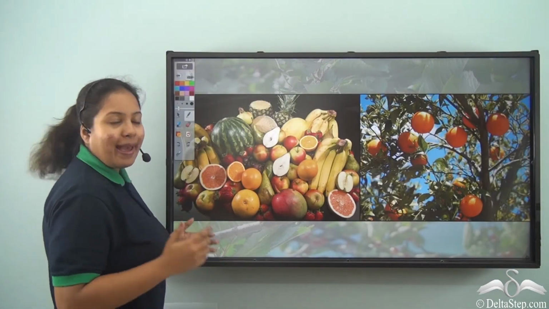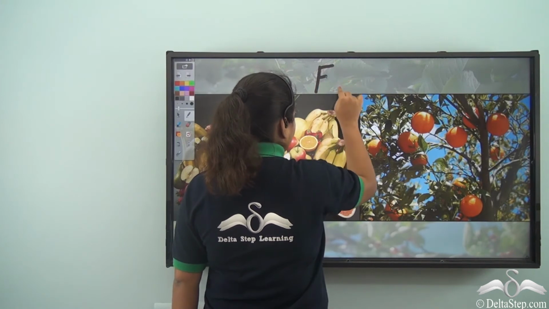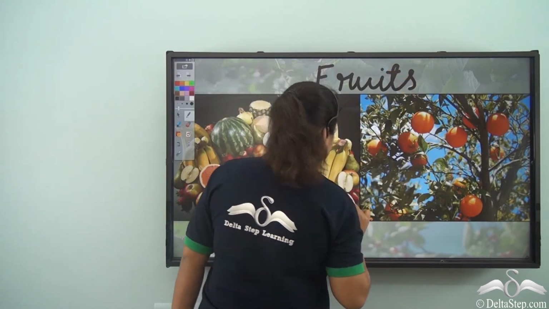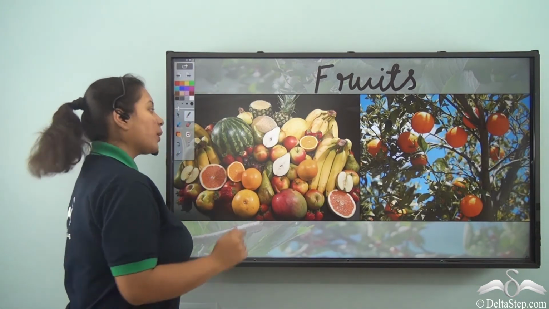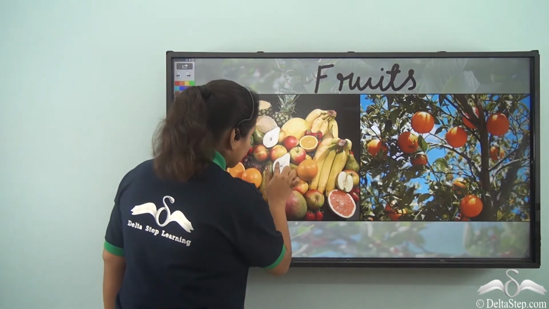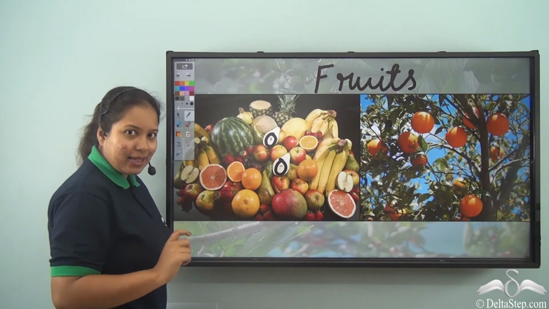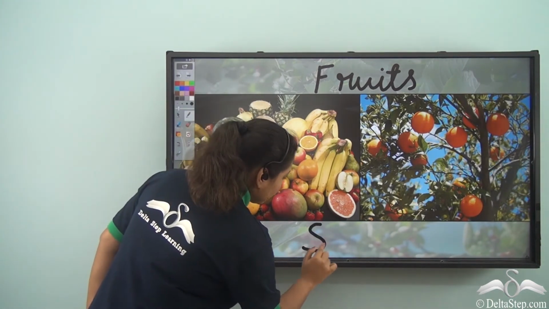So, we have seen that we get the delicious fruits from the plants, right? But do you know what these fruits contain? Well, they contain seeds. See, can you see the small black tiny things in the fruit? Well, this is known as seed.